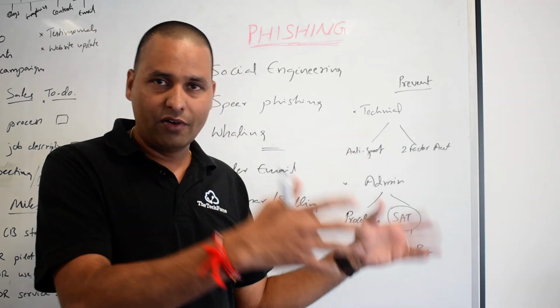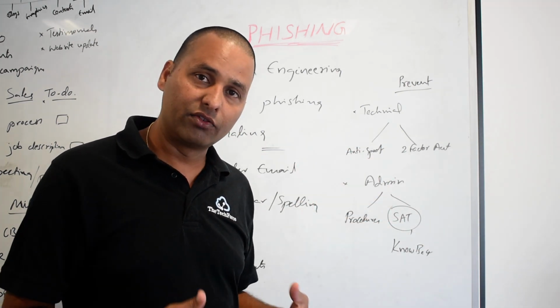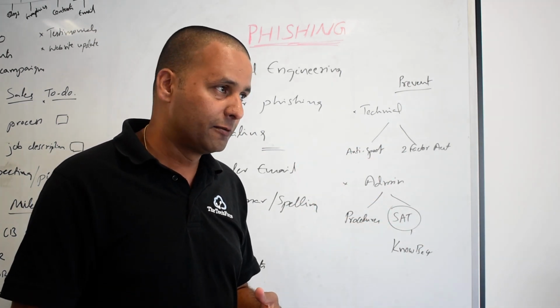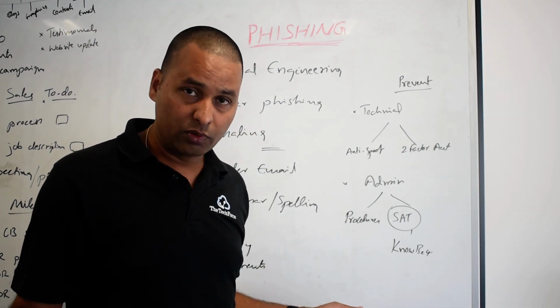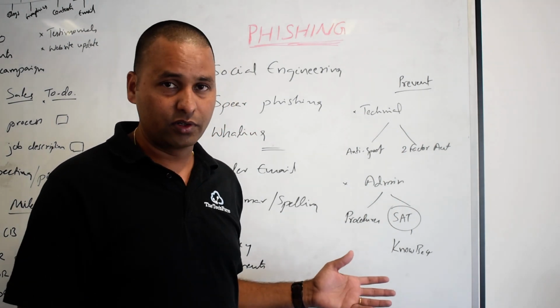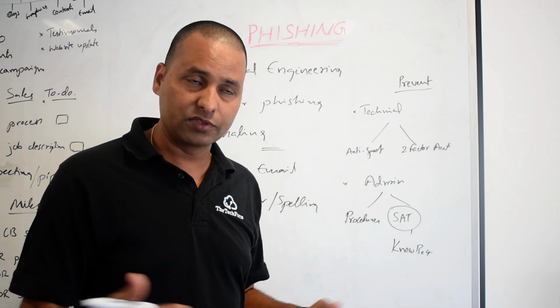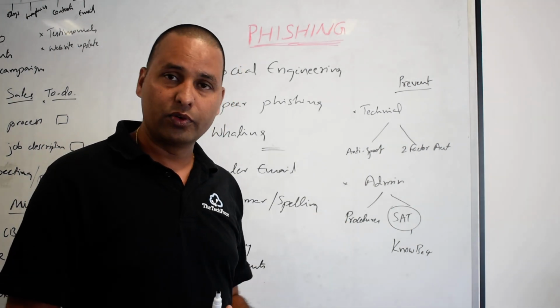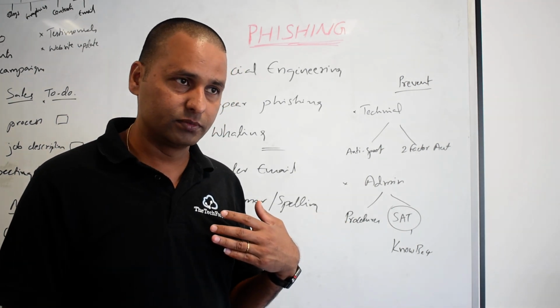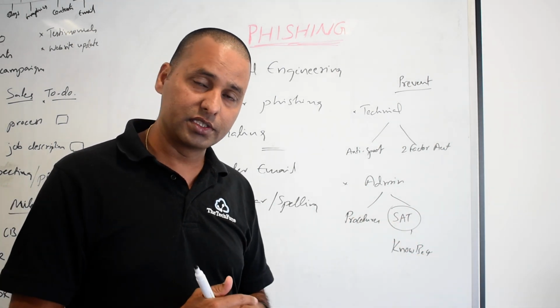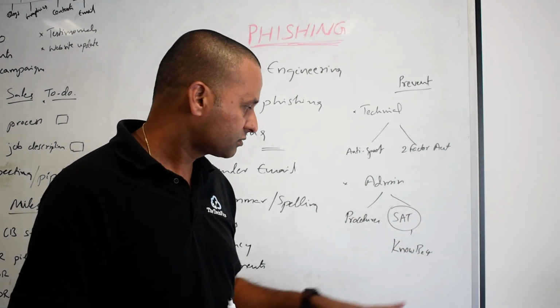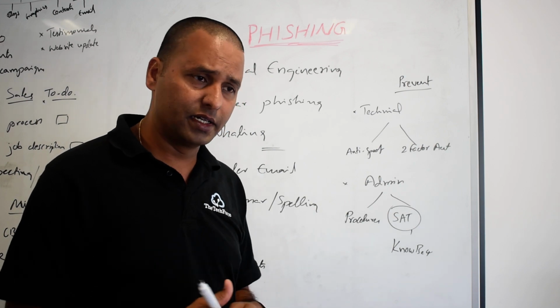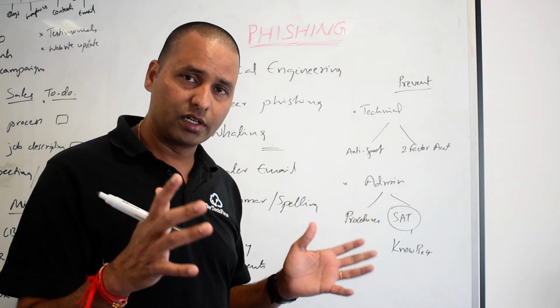There are tons of off-the-shelf options with ready-made training content. KnowBe4 is one of them, the best example and the best platform. We are one of the biggest partners for KnowBe4, but apart from KnowBe4 there are other platforms too, so go and do your own research. KnowBe4 is the Gartner Magic Quadrant leader.